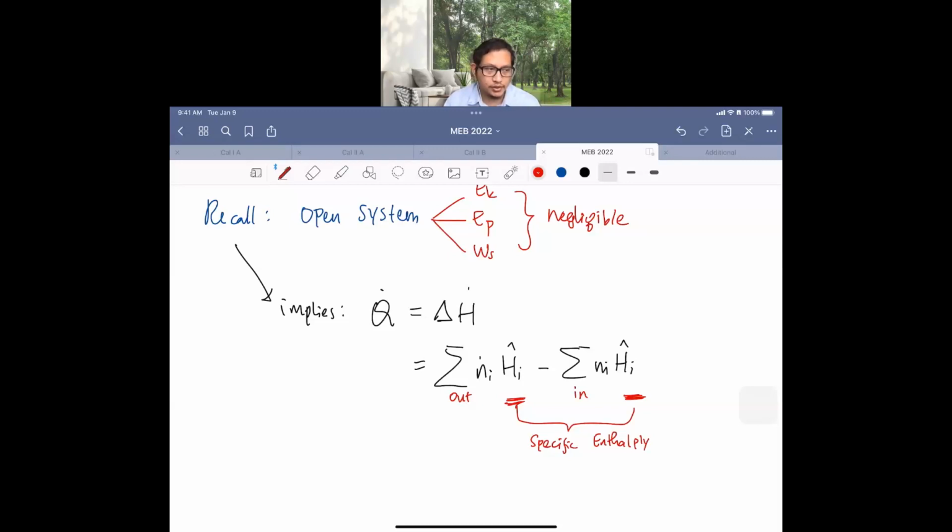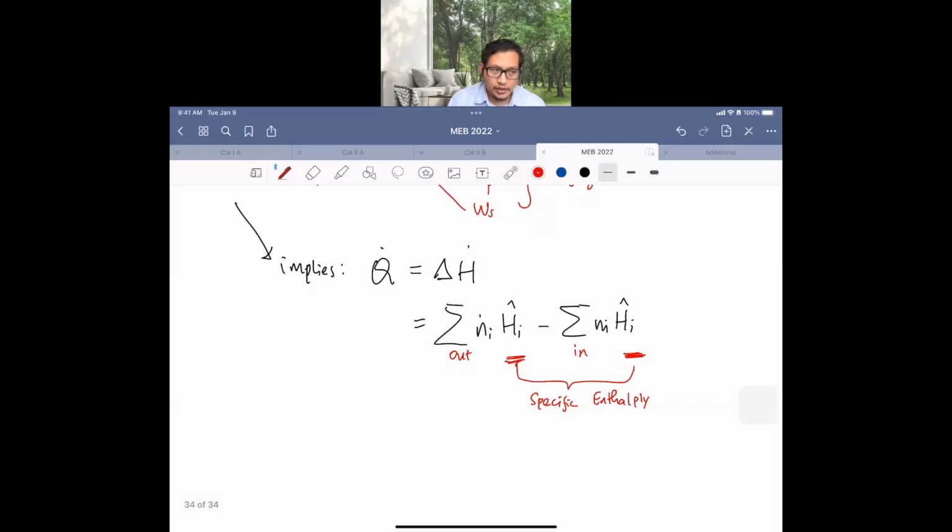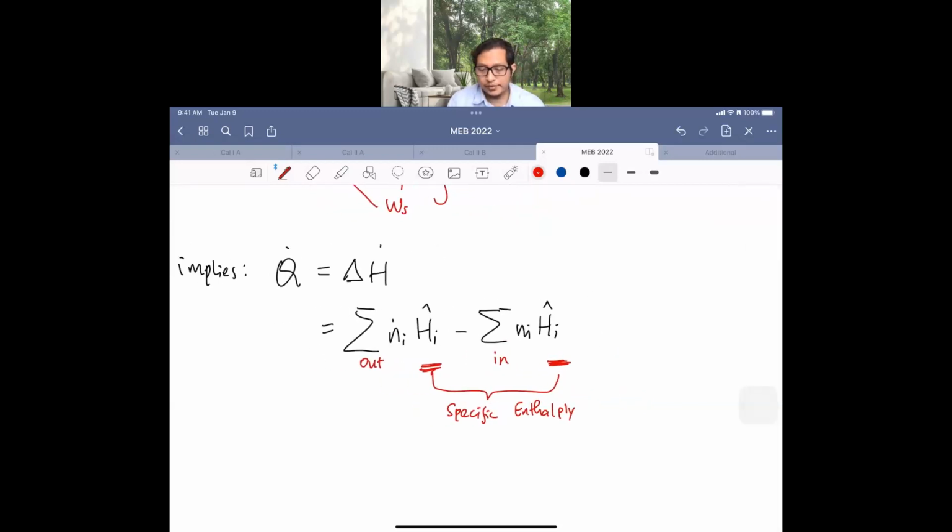For the stream components, this is important, the key is the specific enthalpy. Why is it called specific? Because they are having specific processes, or specific process conditions. Maybe that will be very clear.